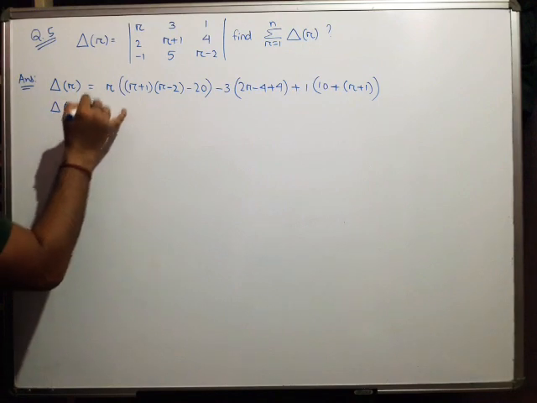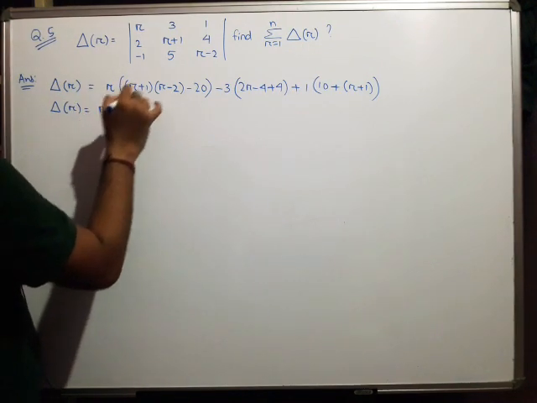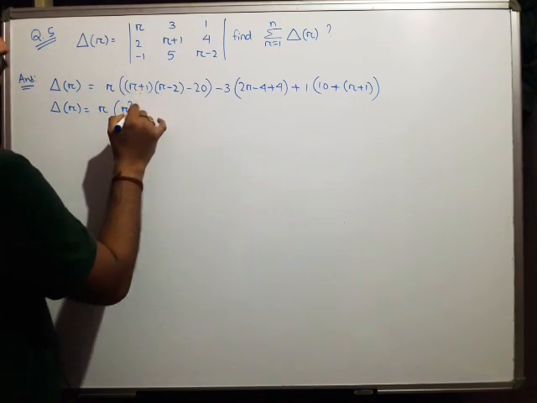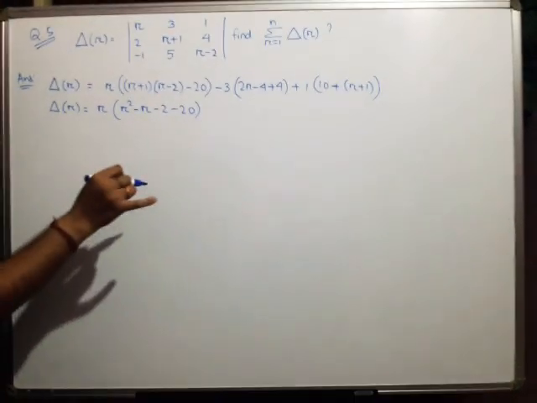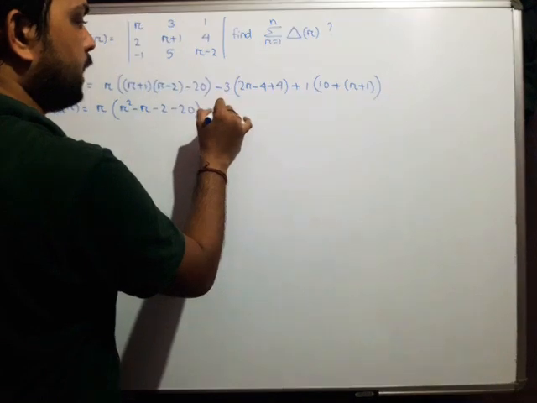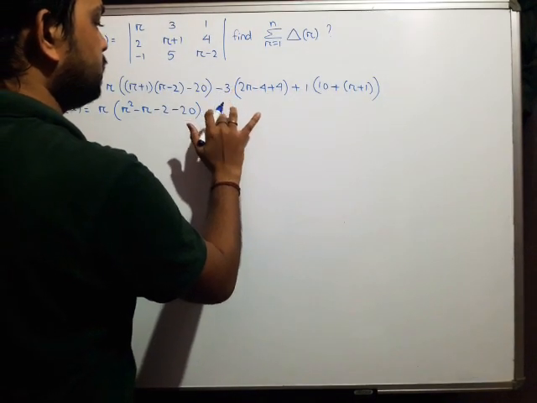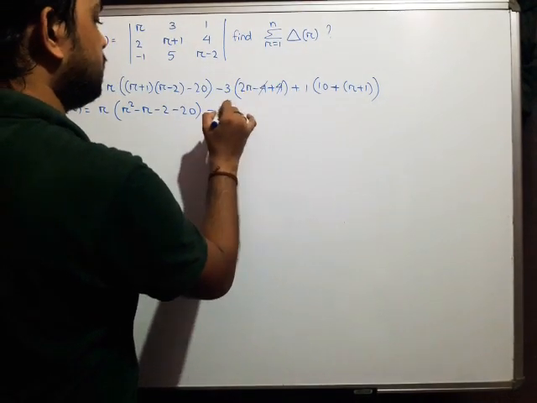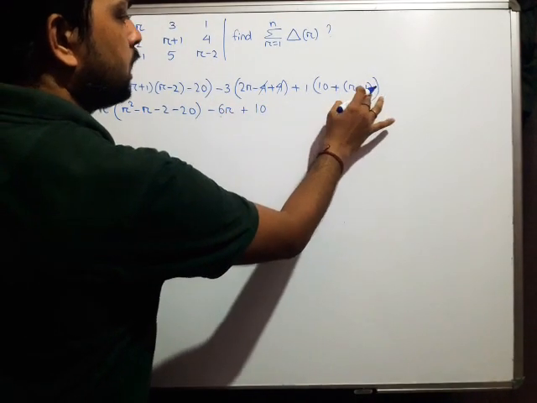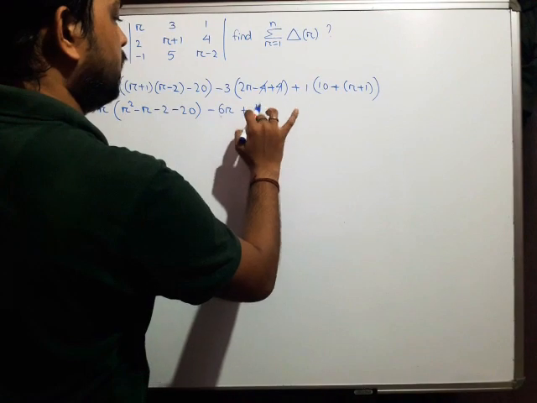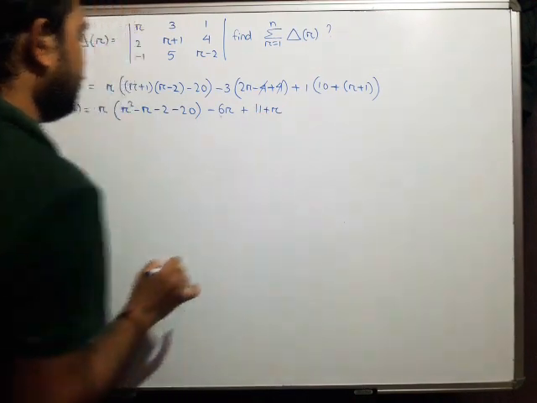So delta of r will be equal to r times r square minus r minus 2 minus 20, minus 3 times 2r, the 4 gets cancelled, 6r plus 10 plus r plus 1. So this will be equal to 11 plus r.